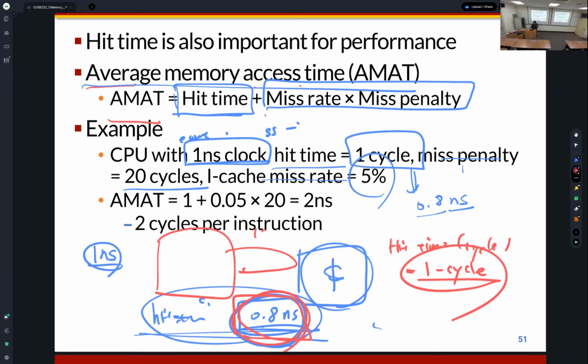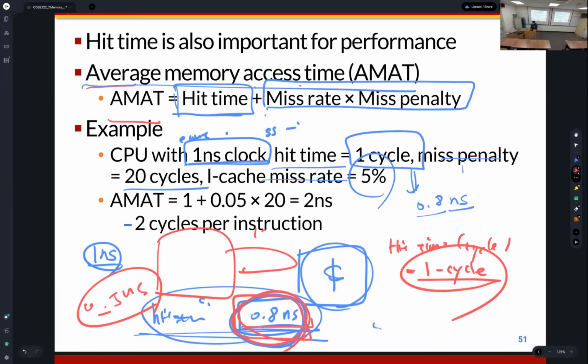So even though some components are very fast and complete the required operations faster than the one clock cycle, the 0.5 nanosecond, because this is a system, the processor needs to wait until the end of the clock period. Okay, so it's synchronized.